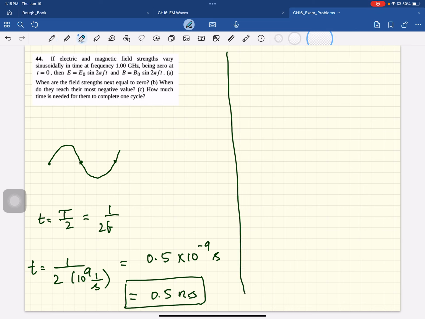When do they reach their most negative value? They reach their most negative value then.